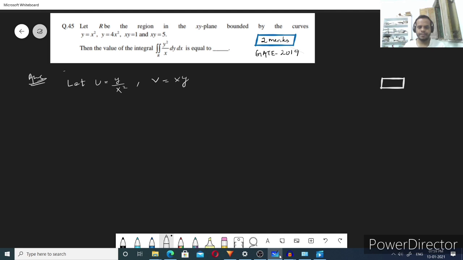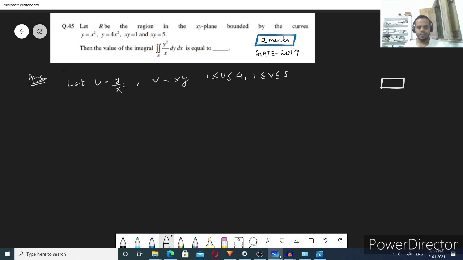Are you getting this? If u equals y by x square, then u varies from 1 to 4, and v, which is xy, varies from 1 to 5.